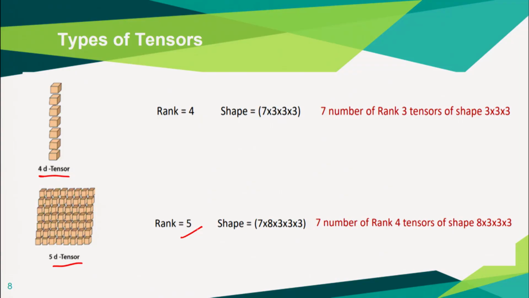So in defining our data set in the form of neural hidden layers, we have to specify the shape of our data set. This value is very important. Similarly, for the 5-dimensional tensor, the rank is 5 and the shape is 7 by 8 by 3 by 3 by 3. This represents the different types of tensors and how we have to use them.